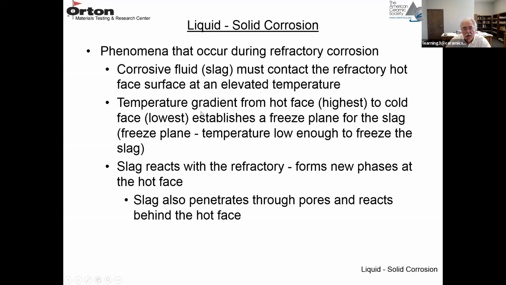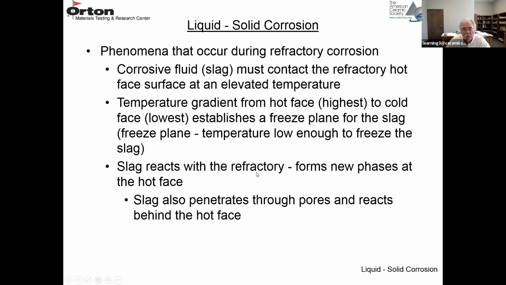So you have a temperature gradient across the refractory, and that establishes a freeze plane for the slag. A freeze plane is a temperature that's low enough to freeze the liquid slag. So that's somewhat behind the hot face depending on the thermal gradient. The slag may penetrate a certain distance into the refractory, hit a temperature low enough so it'll freeze solid. So that's your freeze plane.